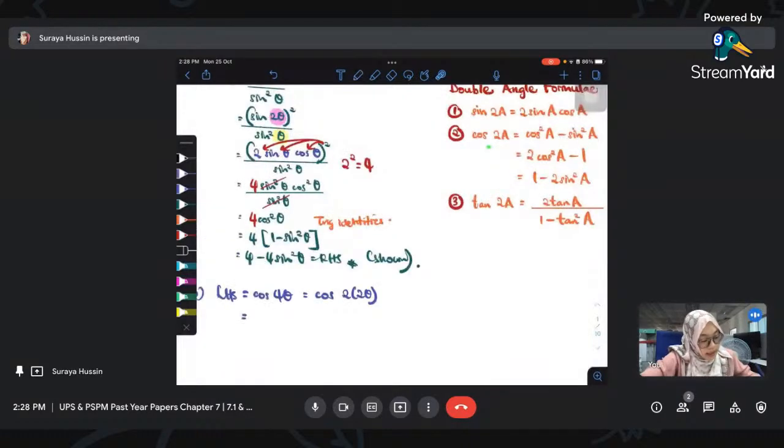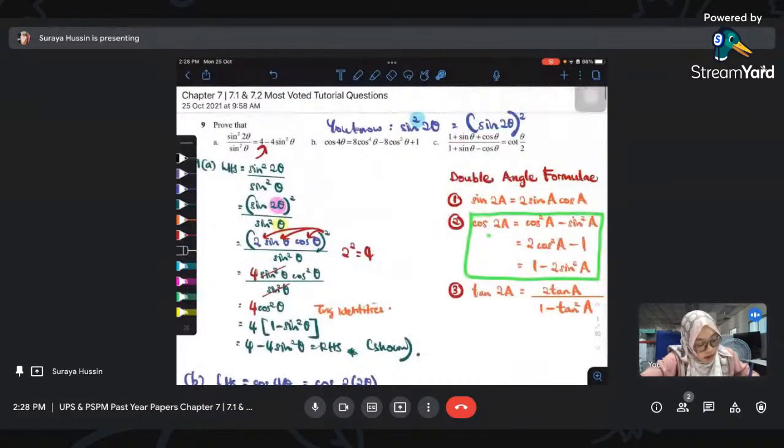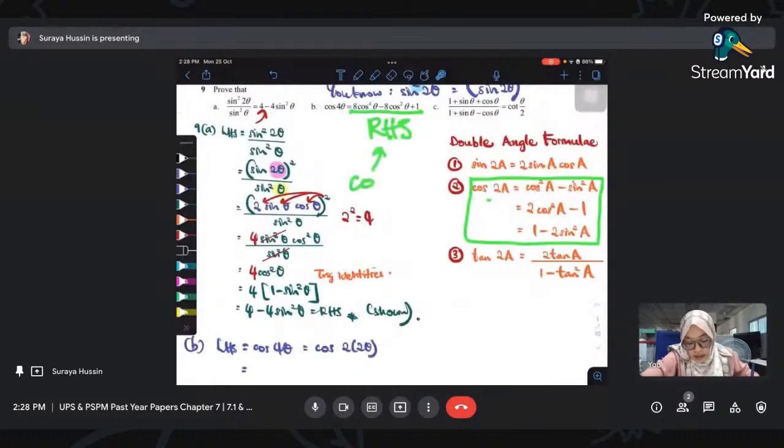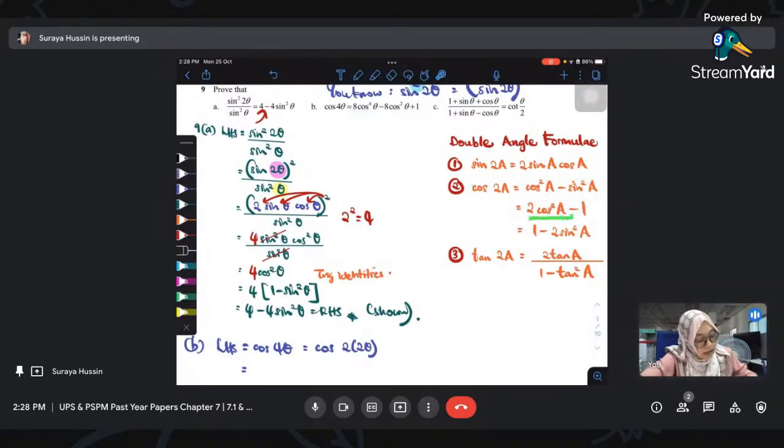So macam mana nak tengok yang lebih sesuai adalah tengok right hand side kamu. Your right hand side is containing a lot of cos, right? Jadi you akan apply yang ada cos punya formula. So you will choose the one having cos, which is yang saya highlight ni lah. Sebab cos ada 3 formula yang kamu boleh pakai. Tapi kita kalau boleh nak elakkan sin, kita tak nak pakai yang ada sin.